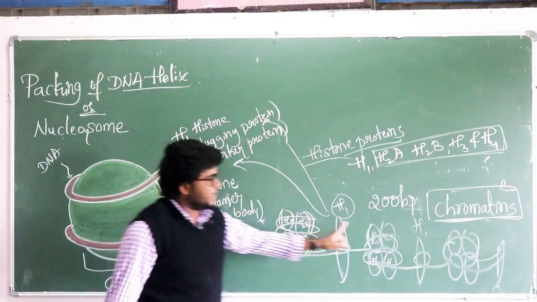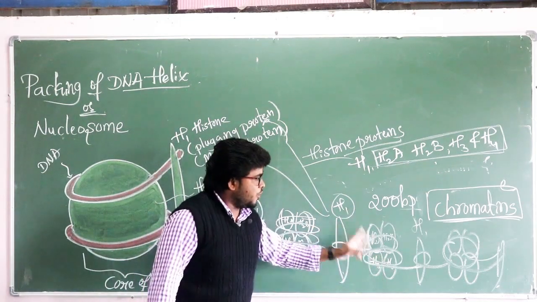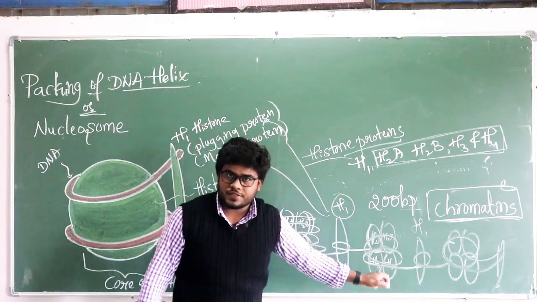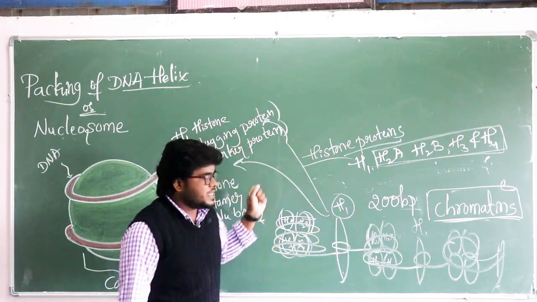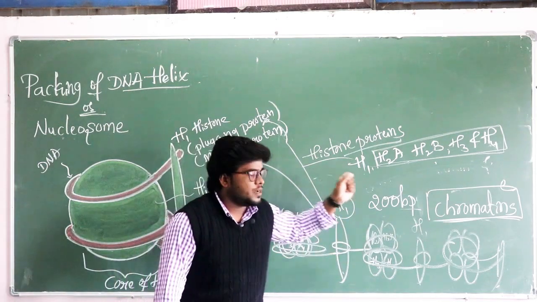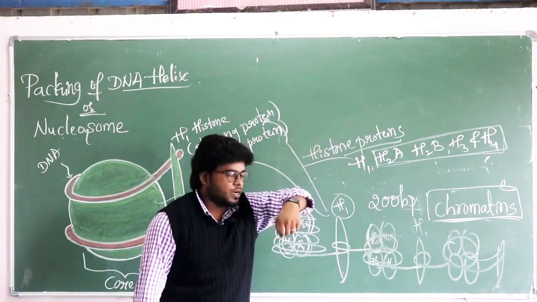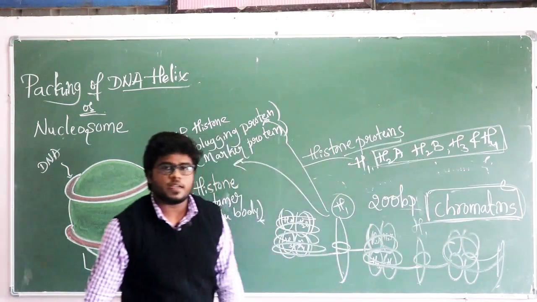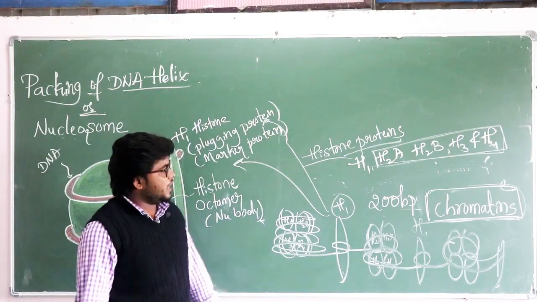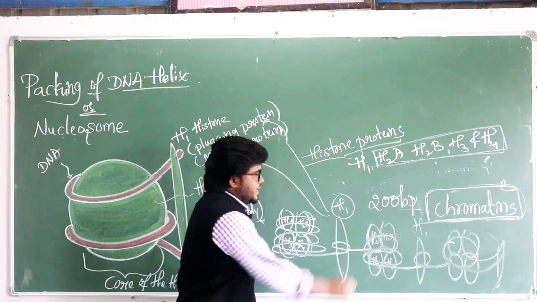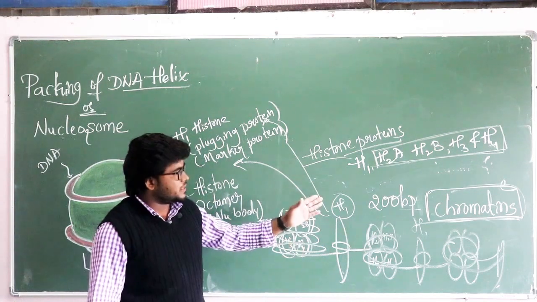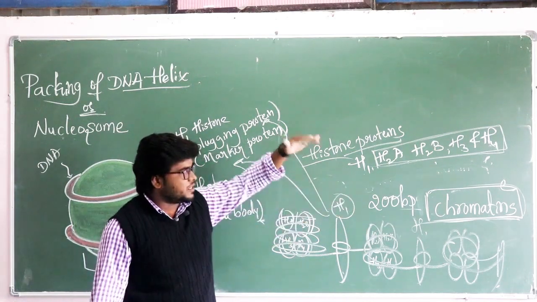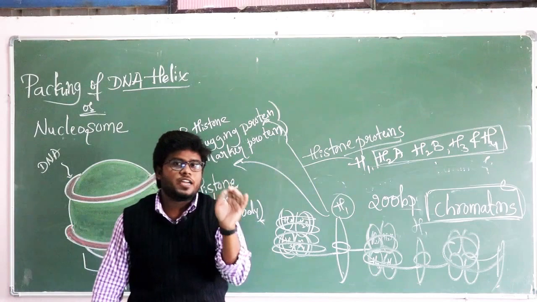Okay, this DNA helix forms the repeated units of stained or colored bodies in the nucleus. Those are called the chromatins. Okay, so these chromatins further form the chromatin fibers.